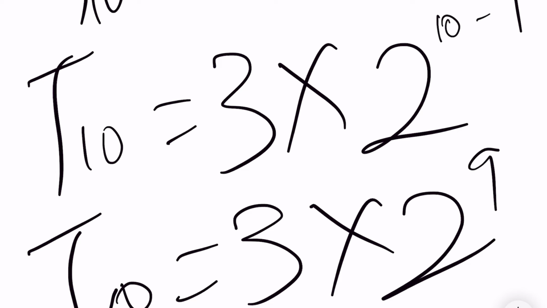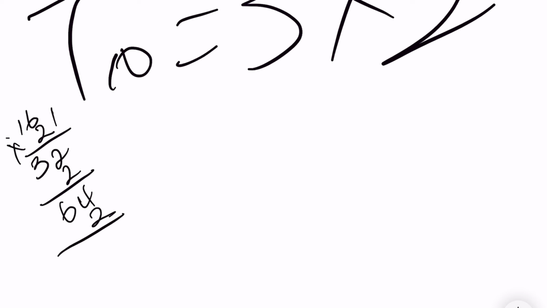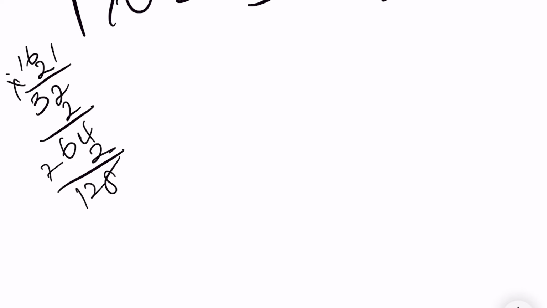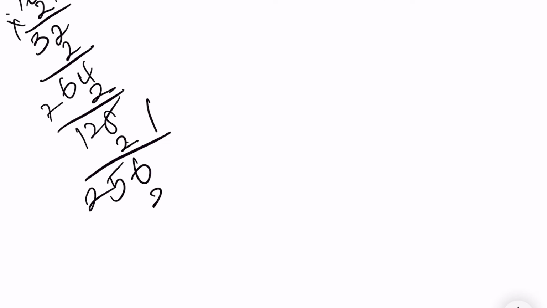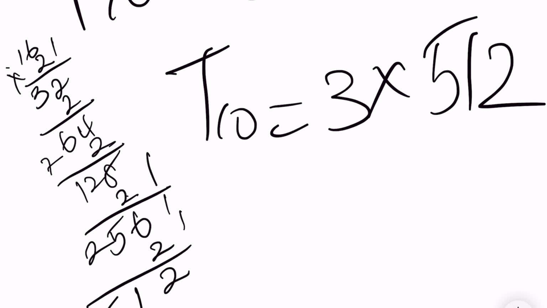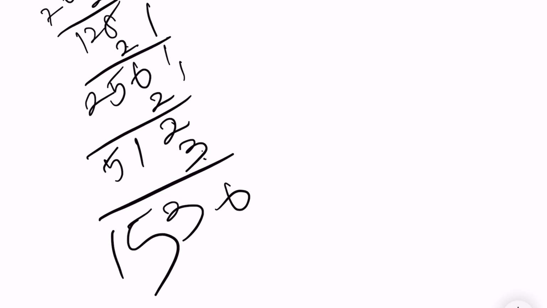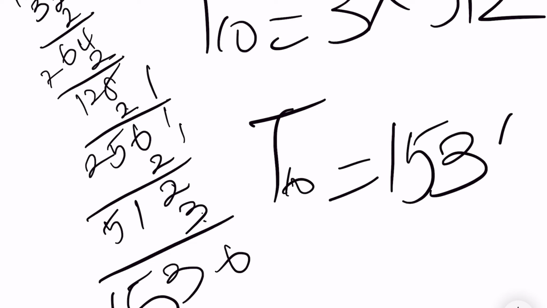And 2 raised to power 9 is 2 times 2 is 4, 4 times 2 is 8, 8 times 2 is 16, 16 times 2 is 32, and so on up to 512. So we have T10 to be 3 times 512, which is 1536.